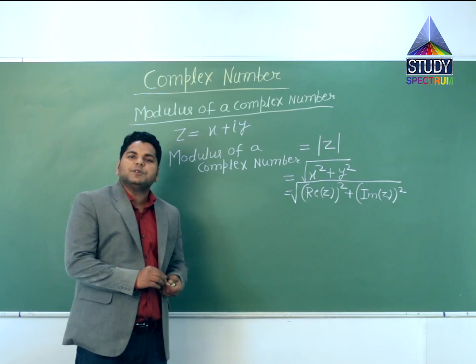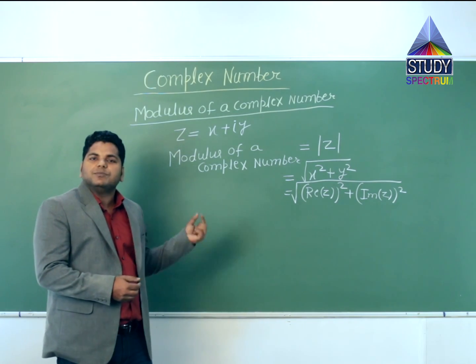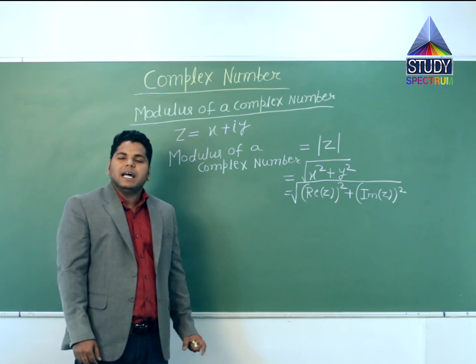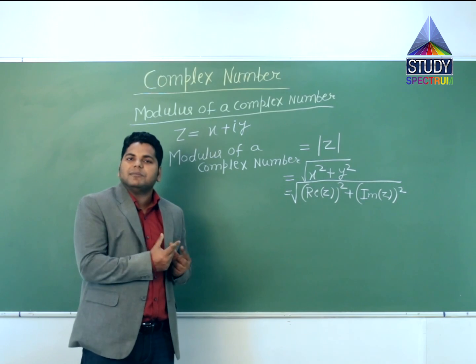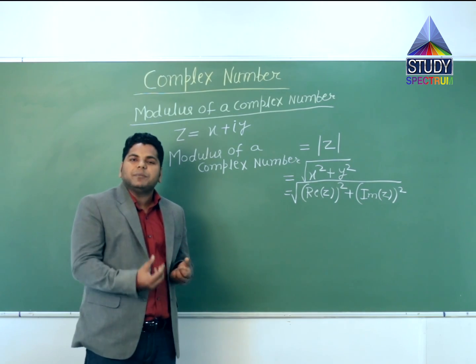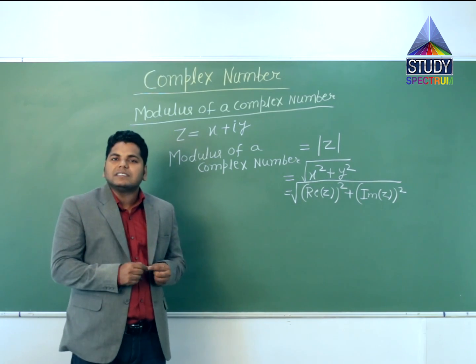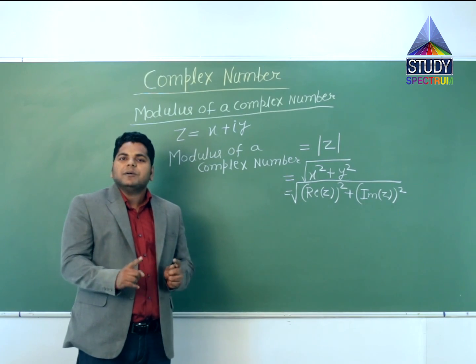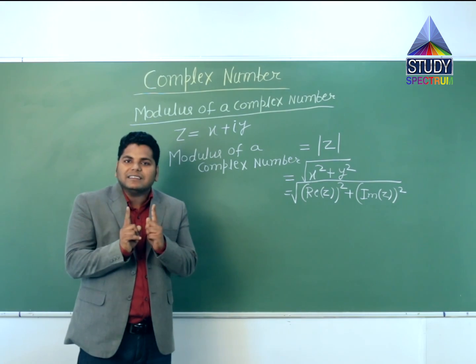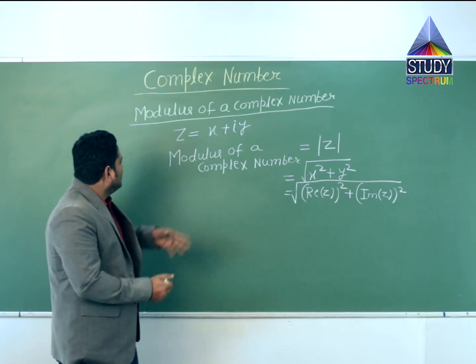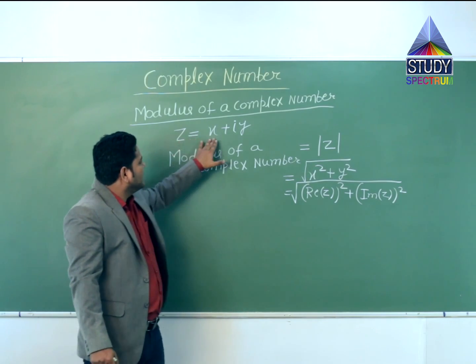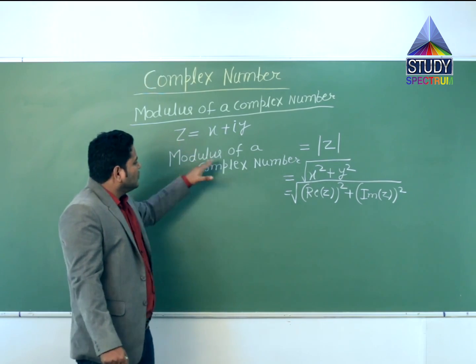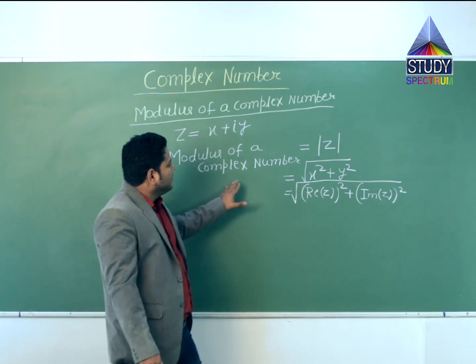Now let us move to another concept, which is the modulus of a complex number. We have already studied the term modulus. Whatever number we have to find the modulus of, we put that number within two parallel lines. So suppose z is a complex number which is x plus iy. The modulus of a complex number is denoted by mod z.